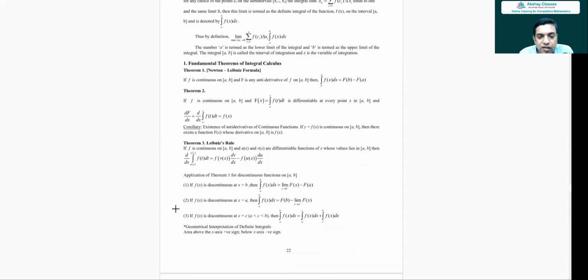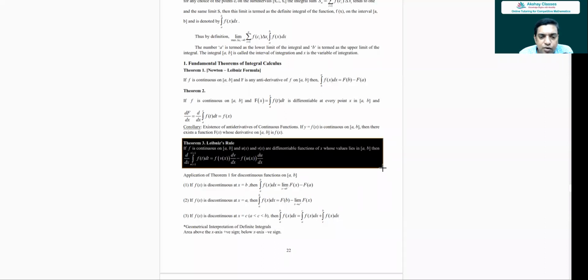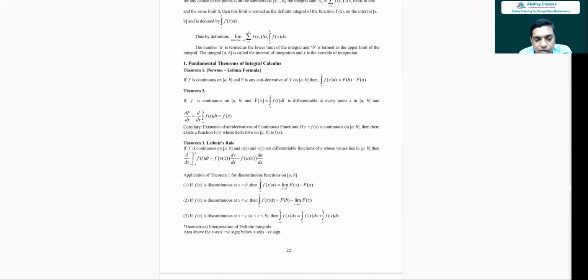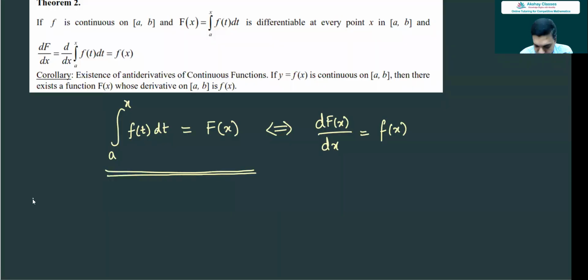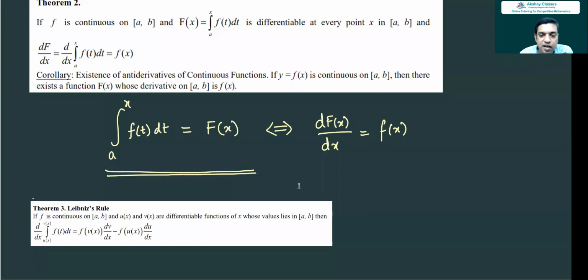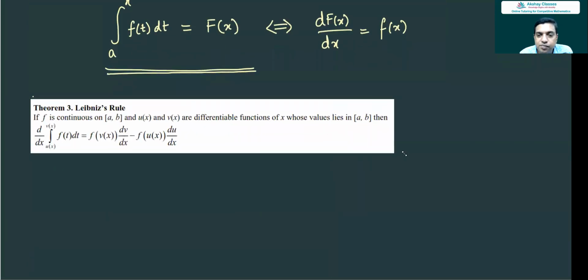The last one, which is a very important one, and then we go for discontinuous functions, and then one or two examples, and we close for the day. Tomorrow we'll do properties of definite integrals and a number of problems.